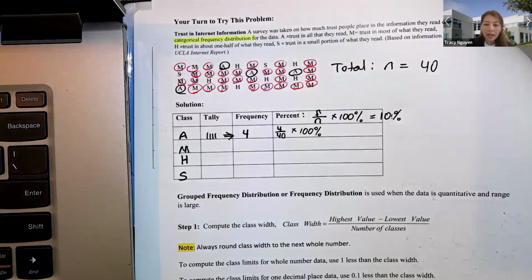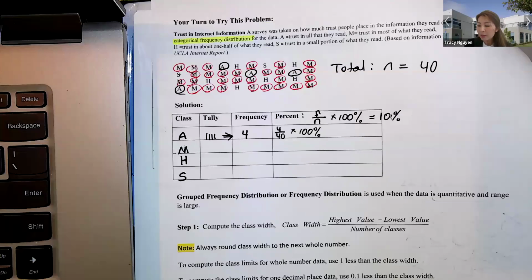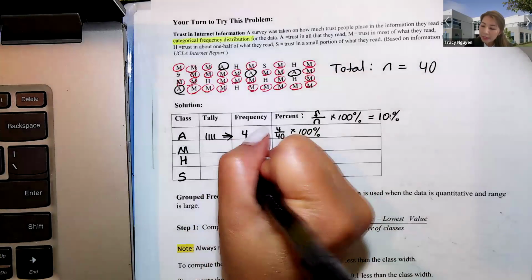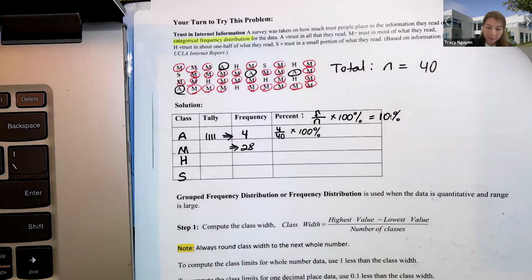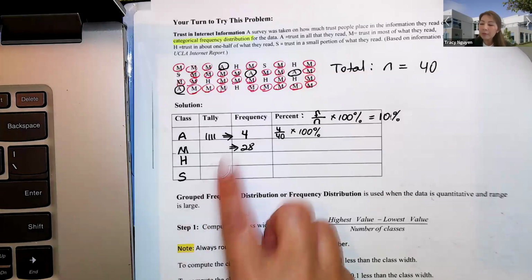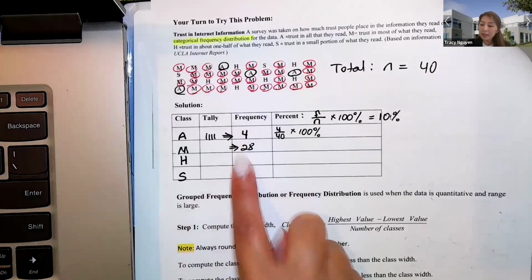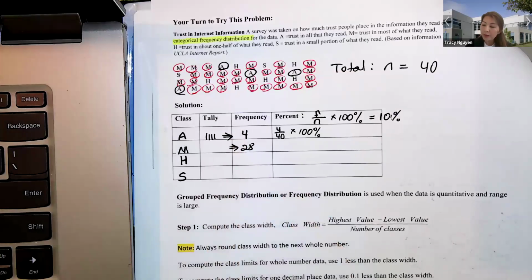So we have 28 tally marks for M, meaning we should have 5 groups of 5 and 3 extra tally marks. But since we know how to do that already, and the point of the tally is to help you keep track, with a whole lot of tally marks like 28, I'm going to just write the numerical value.